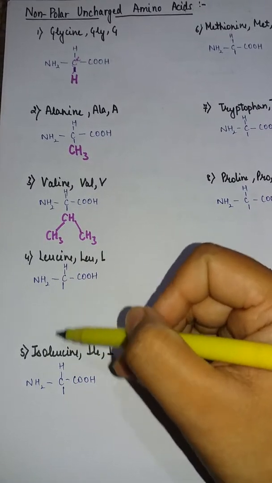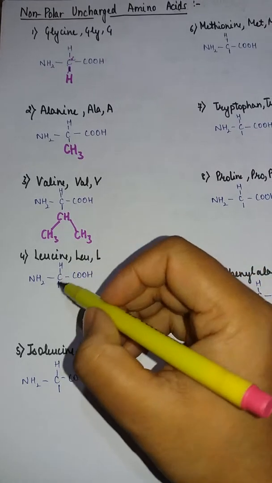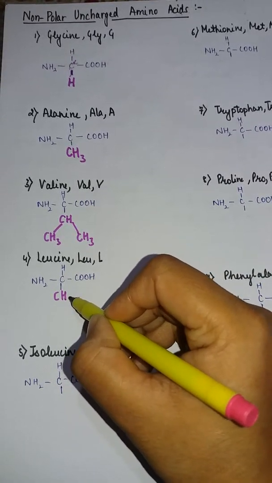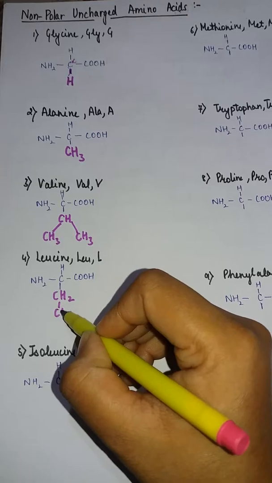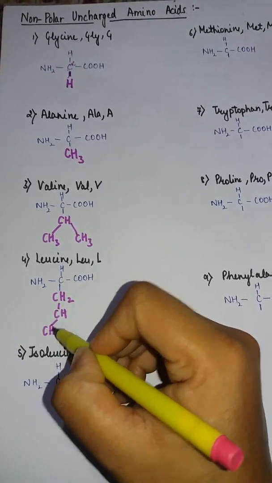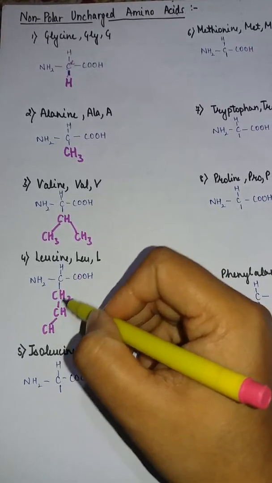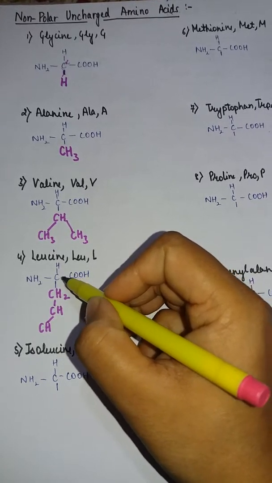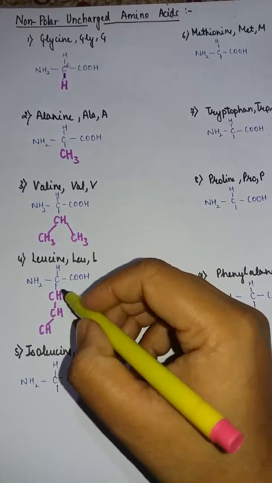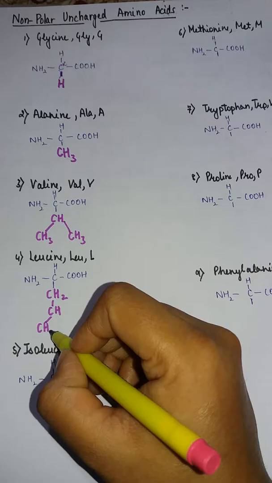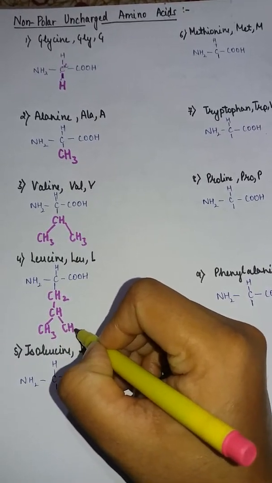Isoleucine and leucine, their structures are also somewhat similar. In leucine there are 4 additional carbons. I am talking about additional only, so I am not counting this and this. So there are 4 carbons: CH2, CH, CH3, CH3.